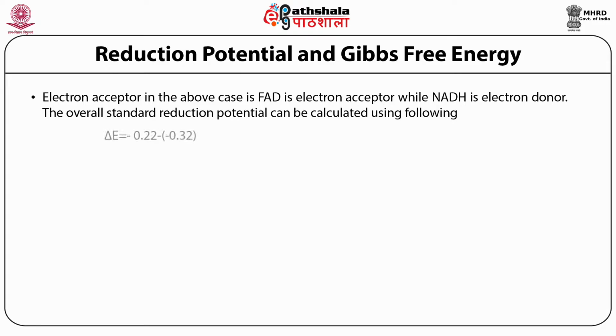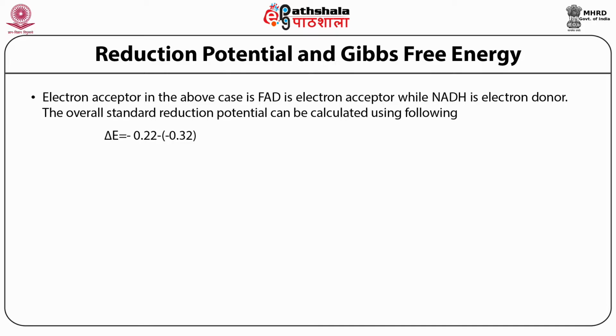That means delta E is equal to the standard reduction potential of the acceptor minus the standard reduction potential of the donor. In other words, if you are converting reduction potential into oxidation potential, then you are not going to take the difference, you are going to add both.